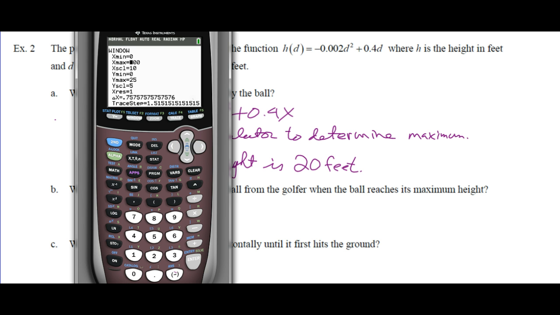I might want to go a little beyond 200, so let's say 225 maybe. And I might want to take my y min down to like minus 10. The reason I'm doing that is just so we can see the 0 cleanly, right? We know what it is. It's 200, right?